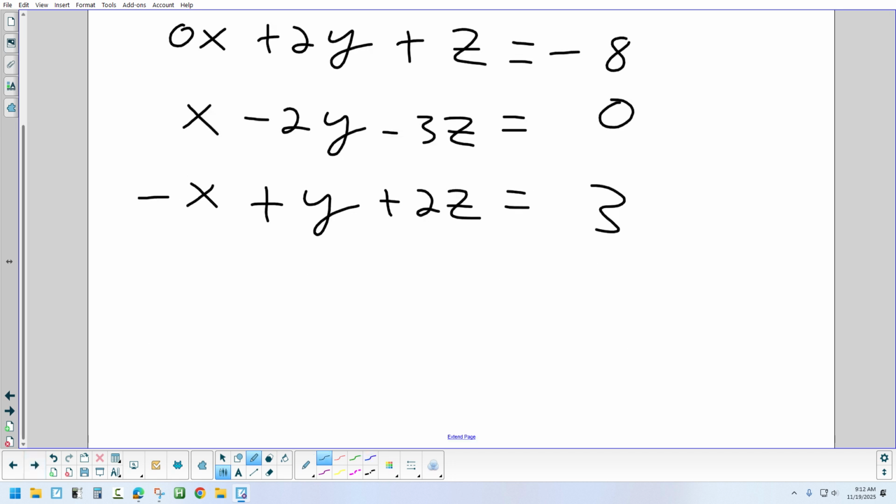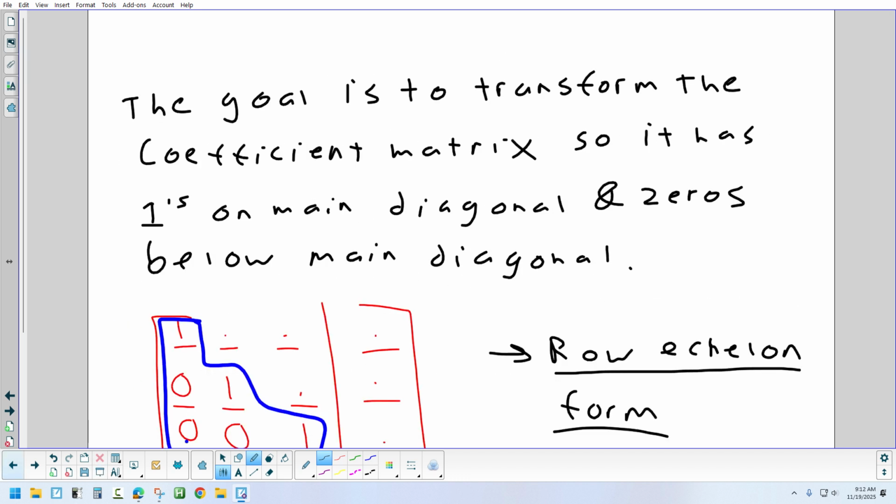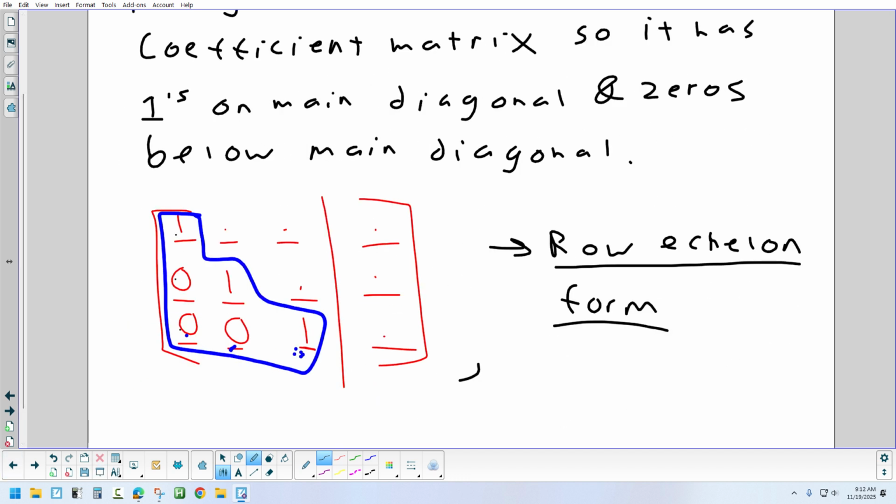So off to the side, let me make a kind of a diagram of the order you have to do things in. There's 6 values that we want to try to get in those 6 spots. The first thing you want to do is get a 1 all the way in the upper left.